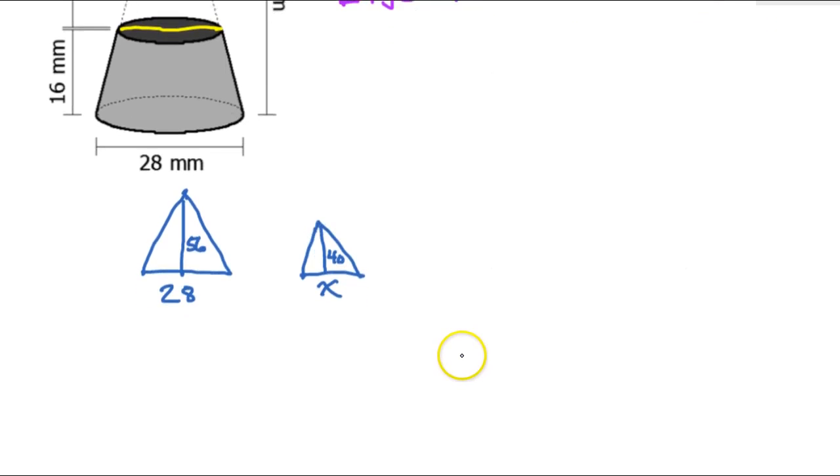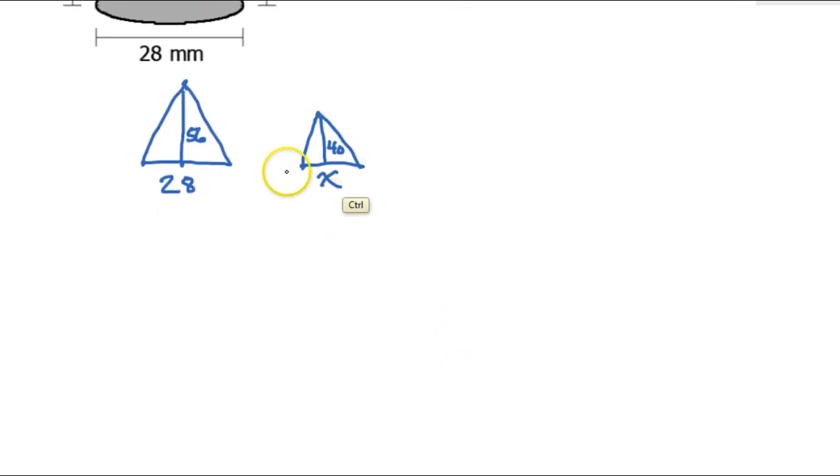Okay, so the essence of what we know about similar triangles is their corresponding lengths are proportional. What that means is if I make a fraction using the large triangle, it should equal the same fraction for the smaller triangle.